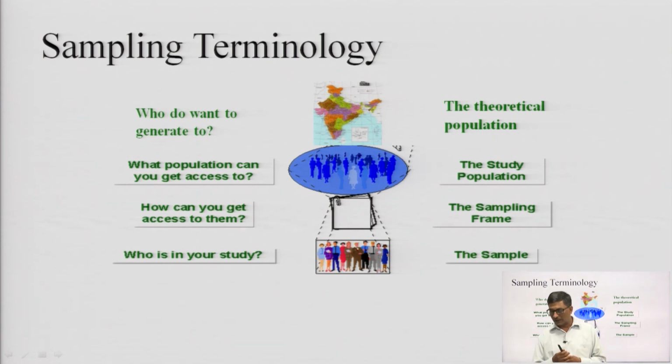Now these are some terminology. The population that you want to generalize to is known as the theoretical population, and the population that you can get access to for study is known as the study population, and how you can get access to them is called the sampling frame, and those who are in your study, on whom you will do research, are called the sample.